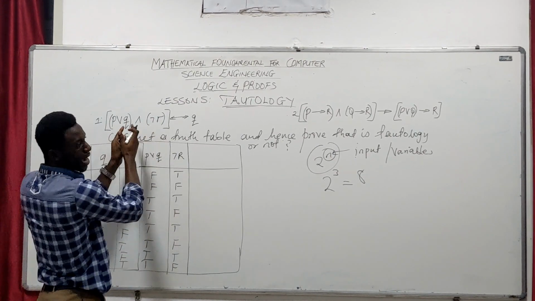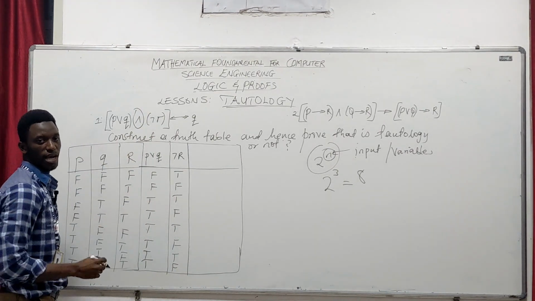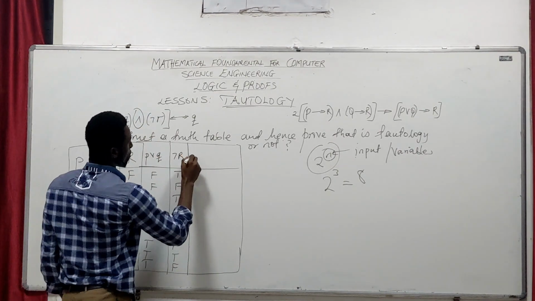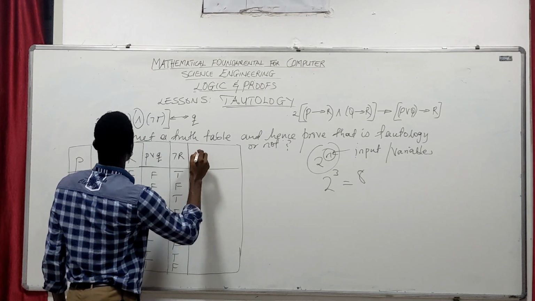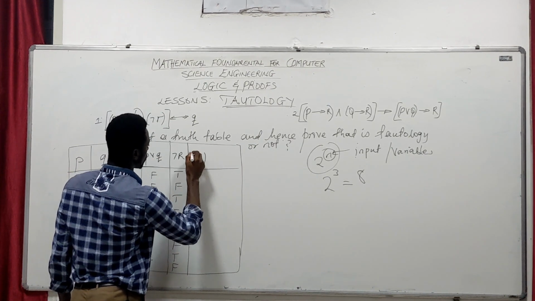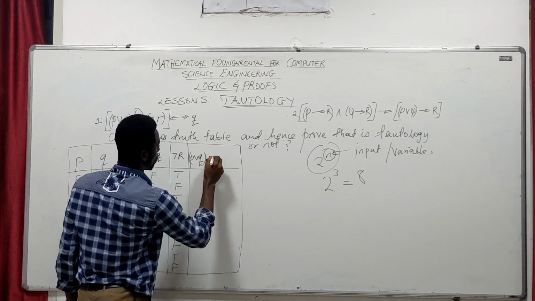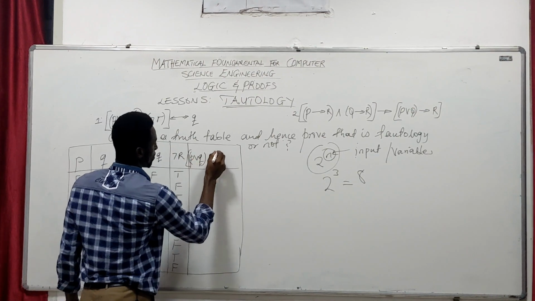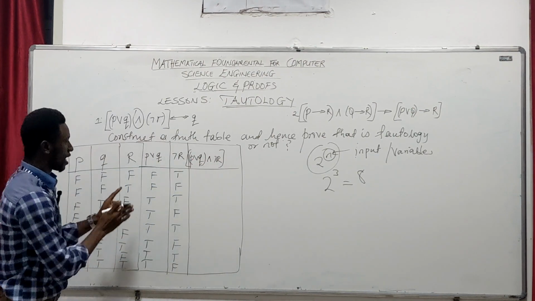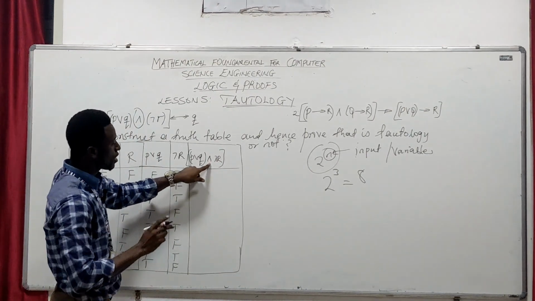So now let's try to combine these two using this AND sign. So now P or Q and not R. Let's see, now we focus on these two. But for AND, what does it say?